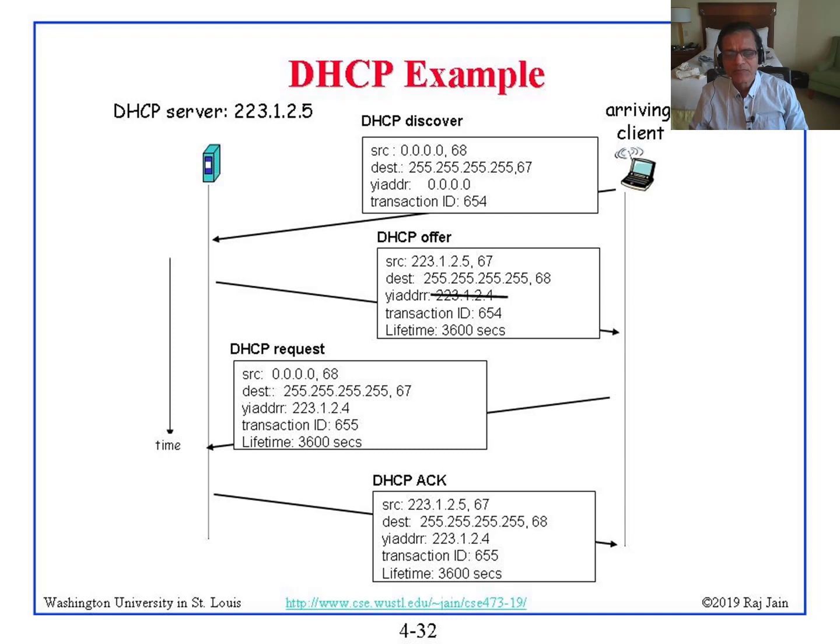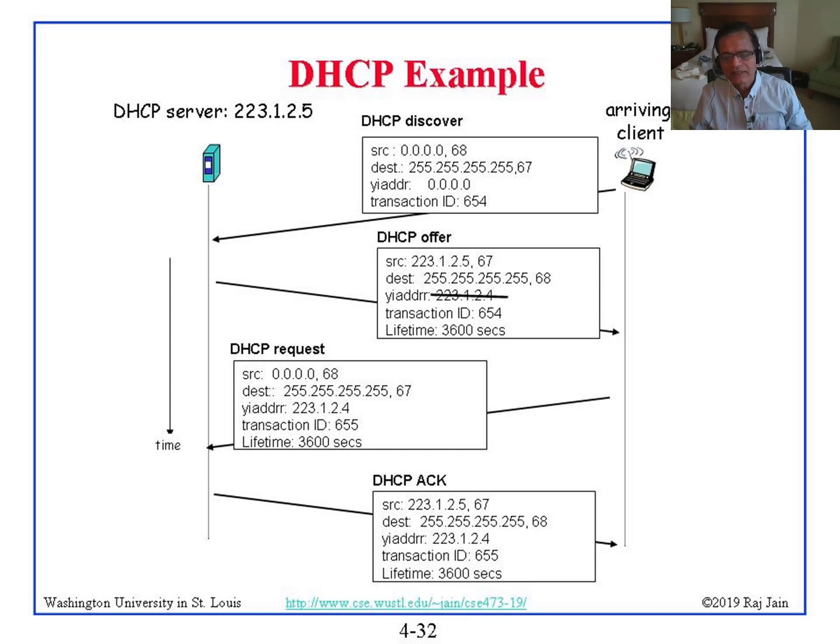Then basically it sends the message to the world, and the DHCP server says, okay, my source address is 223.1.2.5, and the destination is basically sent to you.